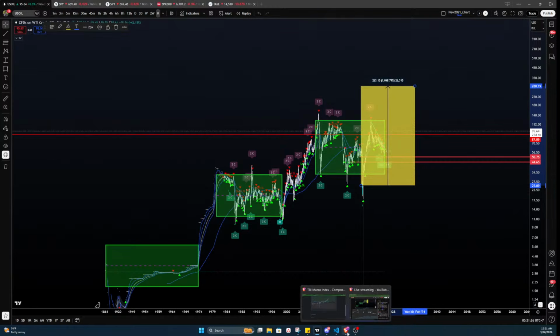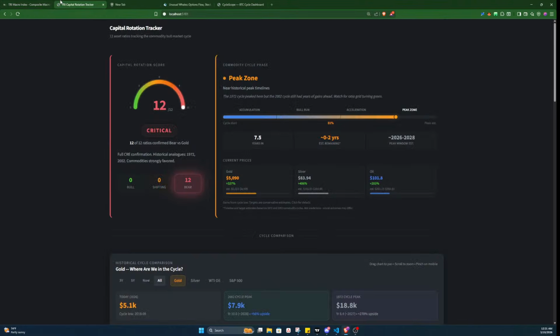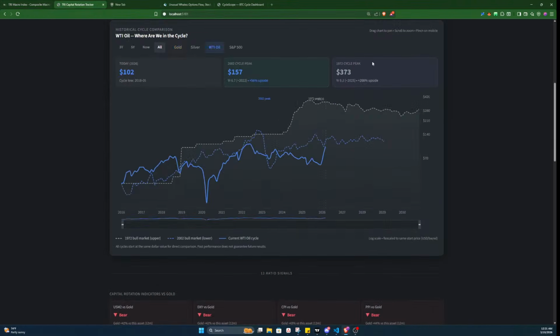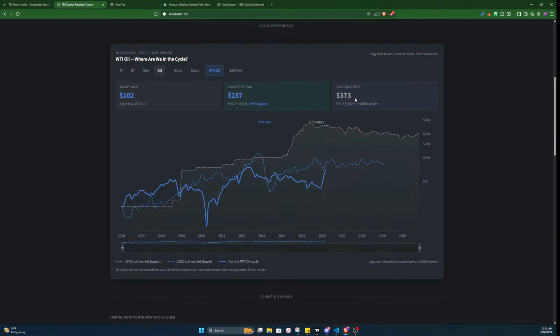If we go to our capital rotation event page, what does it say the estimate is for oil? Let's go to oil. If 1972, the upside is 373, 2020 is 157, so that puts you right in between at like 280.